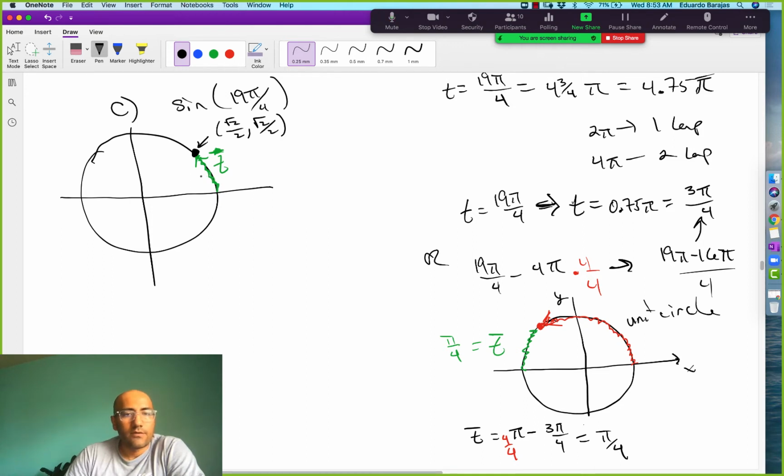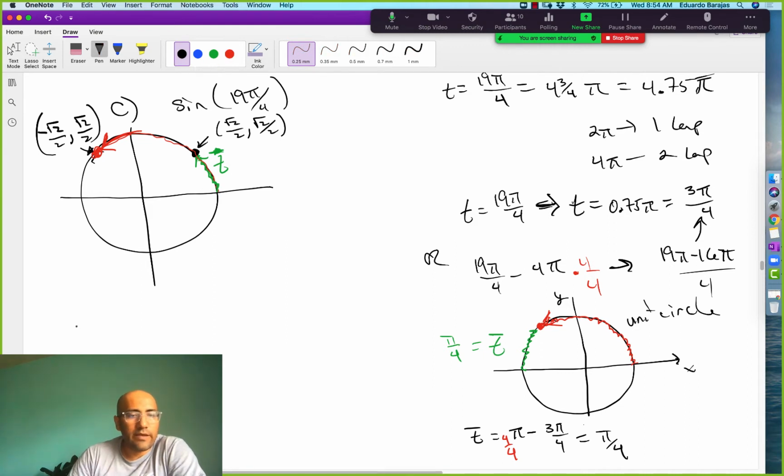So the one we must be working with, which extends out to there, must be the point negative root 2 over 2, comma, root 2 over 2. The x-coordinate must be negative. The y-coordinate stays positive. Any questions?